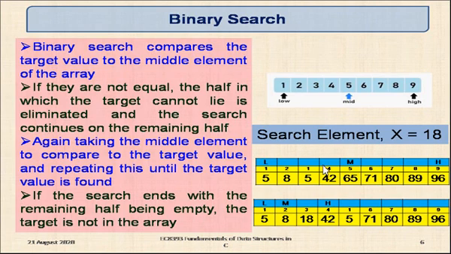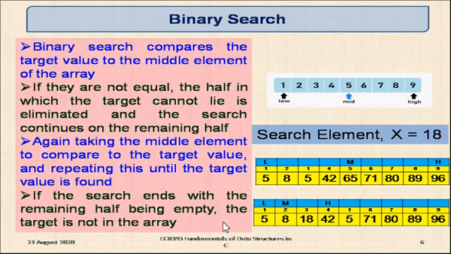In the first iteration, the entire list is the effective list. In the second iteration, for this example, only four elements will be in the effective list. We will not be bothering about the remaining data items. And in the succeeding iteration, again 50% of this will be discarded. So in this way we will be proceeding.